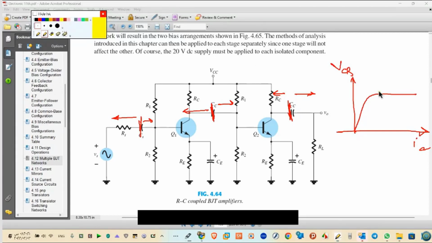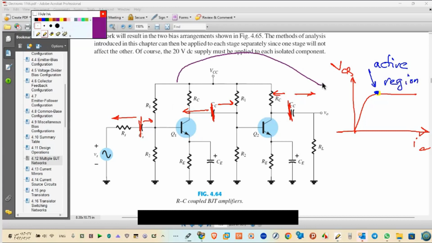I want to work in this region, this area, in the active region. So if there is any load, I'm talking about this one, RC1. If there is no capacitor here, what will happen? Maybe this point will shift to here.